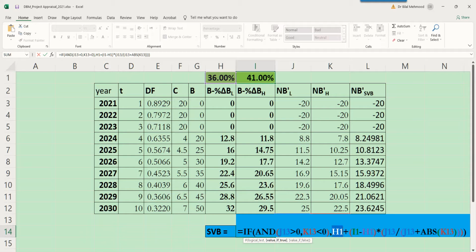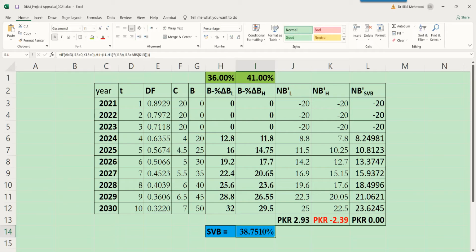These are the lower decrease in the benefits, the higher decrease in the benefits, the NPV at lower decrease in benefits, and the NPV at higher decrease in the benefits in its absolute terms. Once we enter these values, we get the interpolation results that show that 38.7510% decrease in the benefits would lead NPV to 0.